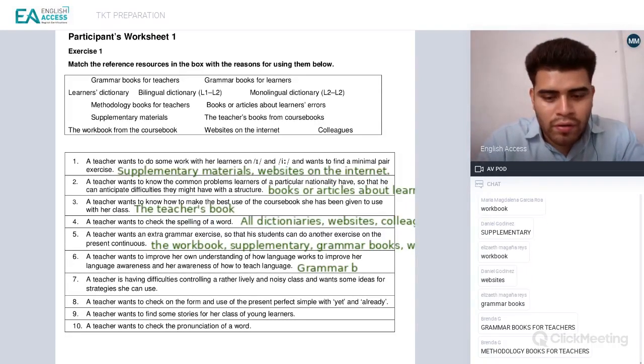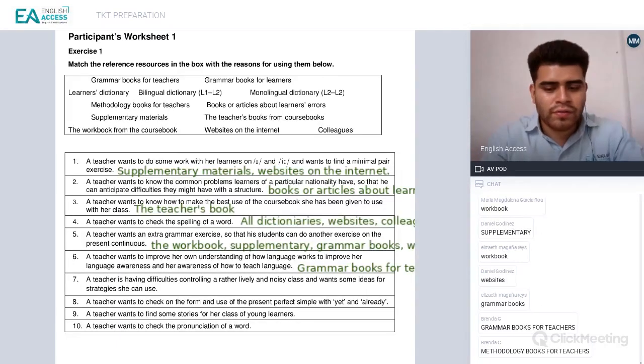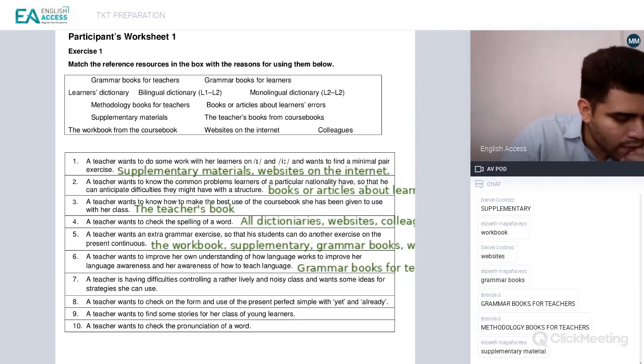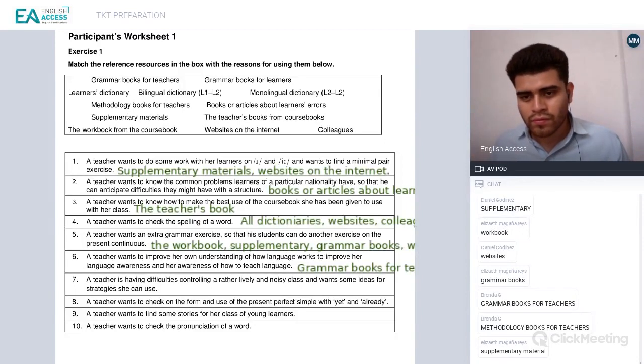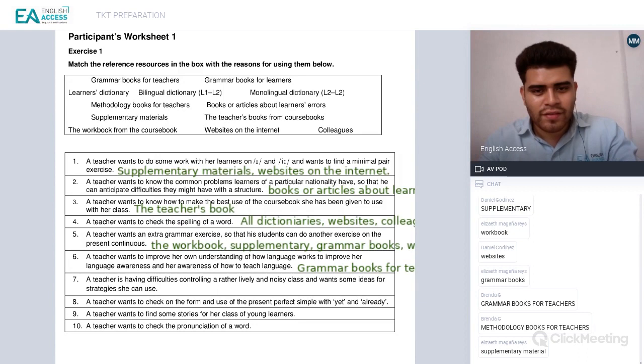Grammar books for teachers. Anything else? Websites on the internet. Yes. Websites.